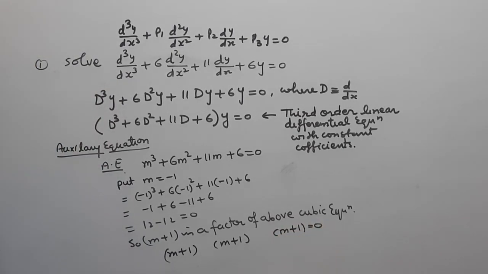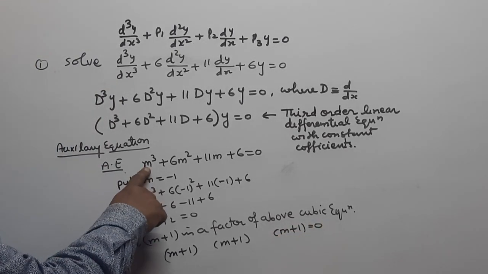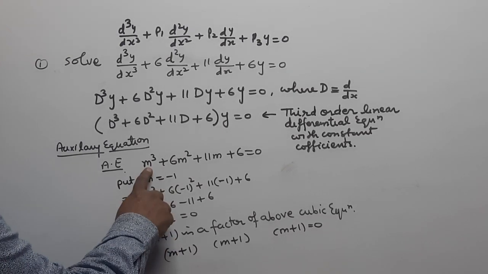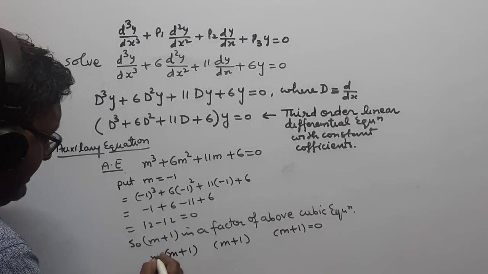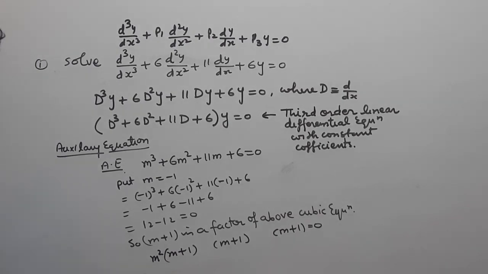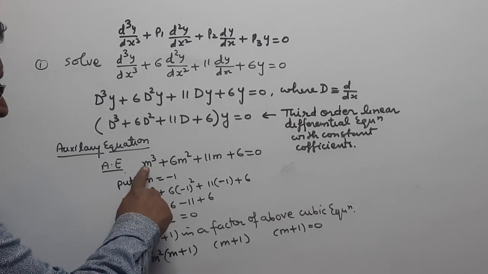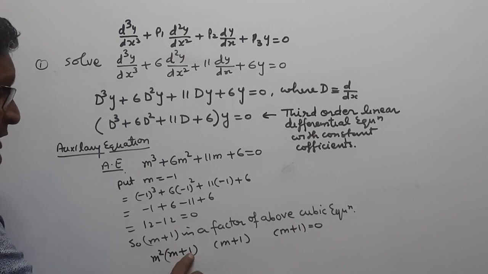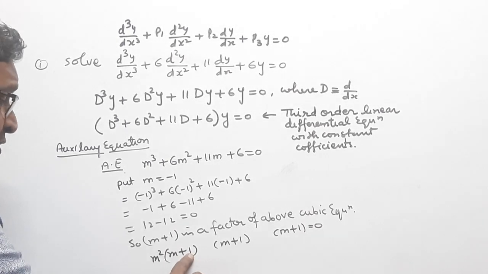Now you can see here we find m cube. If we multiply m by m square, we get m cube. So we write here m square. M square multiplied by m, we get m cube. M square multiplied by plus 1, we get m square.